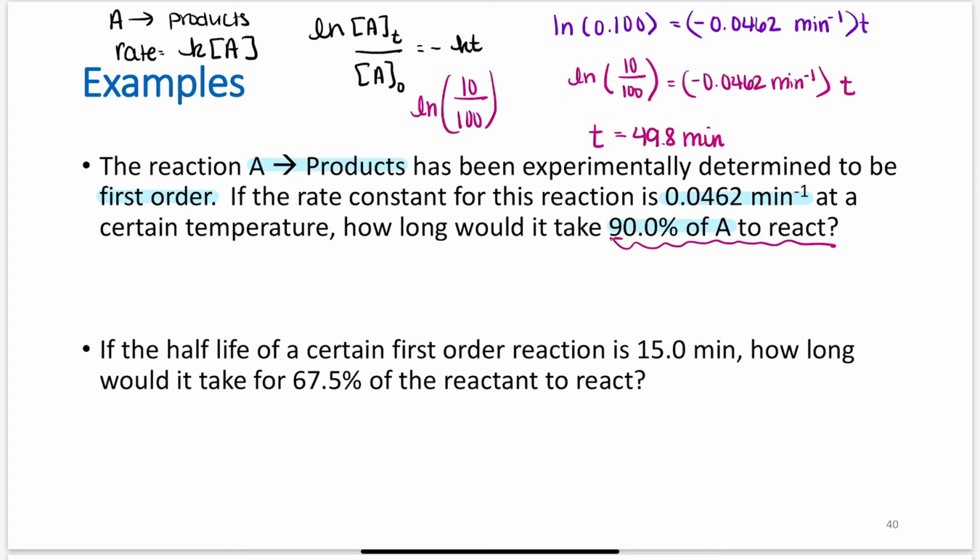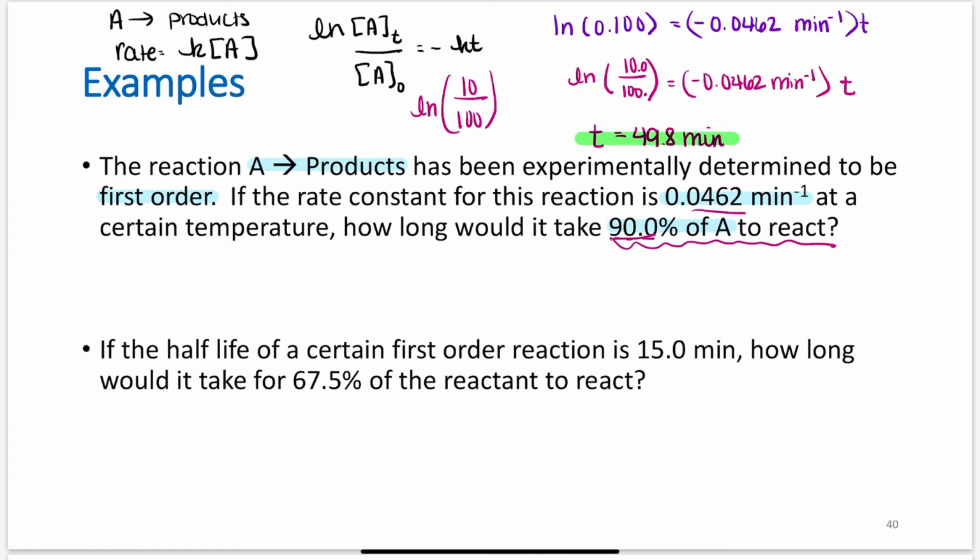I have 3 sig figs here and 3 sig figs here. So 3 sig figs, and my final answer here, time is equal to 49.8 minutes. So how long would it take for 90% of A to react? Almost 50 minutes.